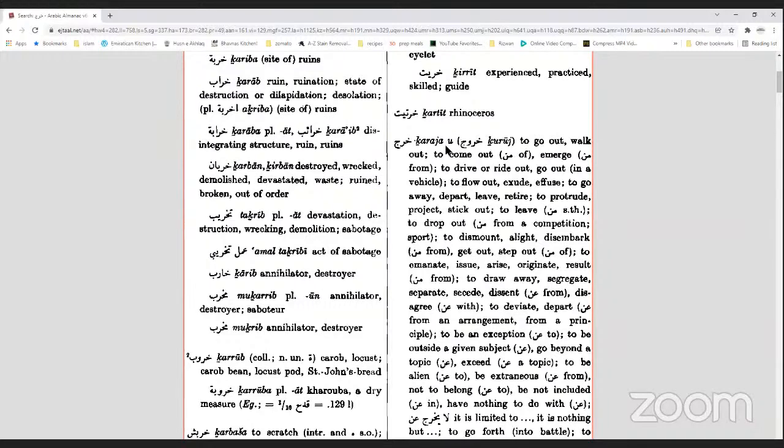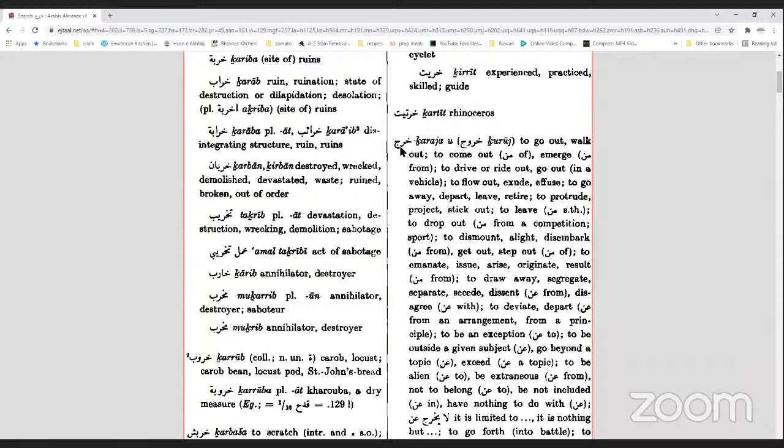What is the letter here? U. What is the letter here? U. So kharaja. Yes, I will give you homework. So what is the mudari for kharaja? Yakhruju.